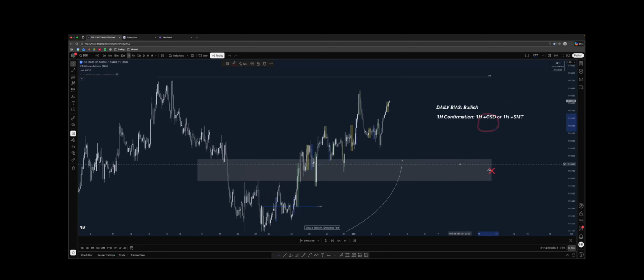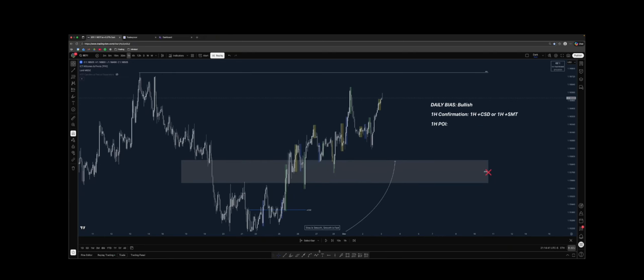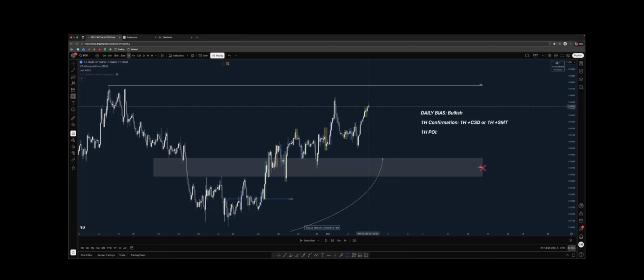Moving on, the next stage of my model is where we look for an hourly point of interest to get on side with this bias, right? A 1 hour point of interest. The 1 hour points of interest I use are simply FVGs and swing points. So when I'm coming into my session here, because this is 1 AM, London session starts at 2 AM, I'm simply identifying 1 hour points of interest.